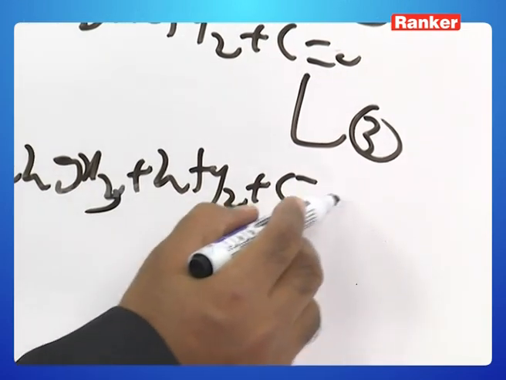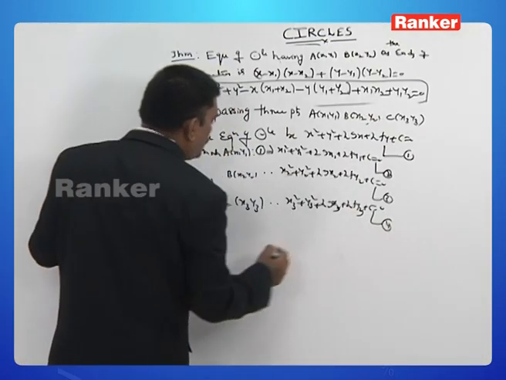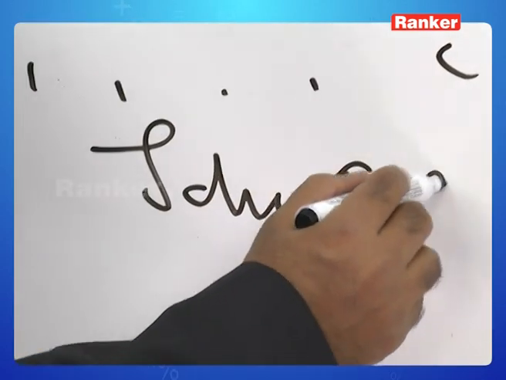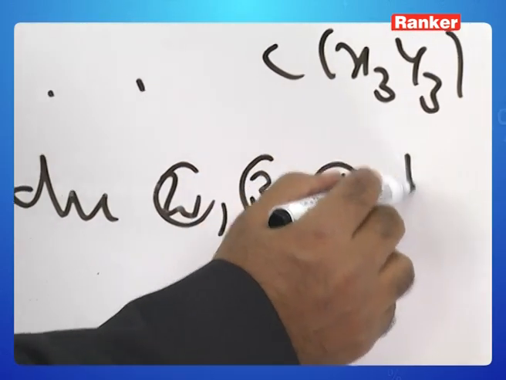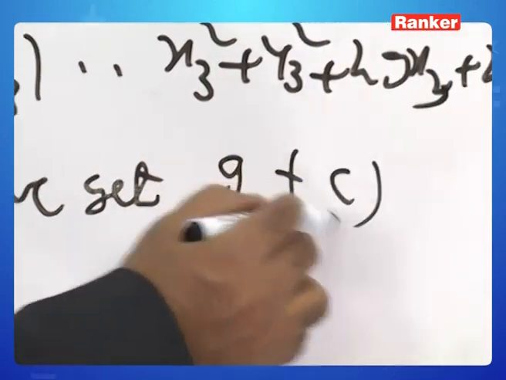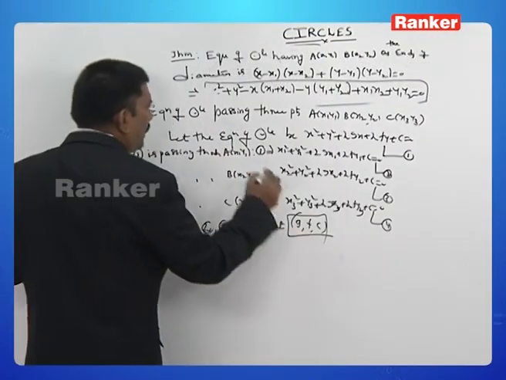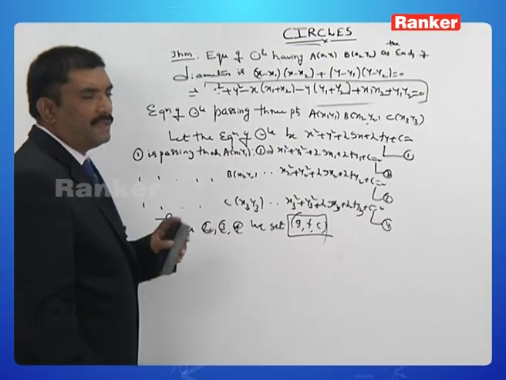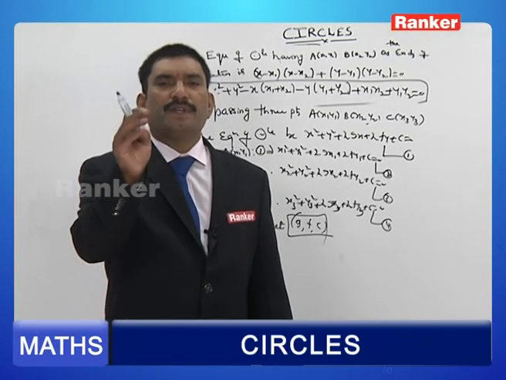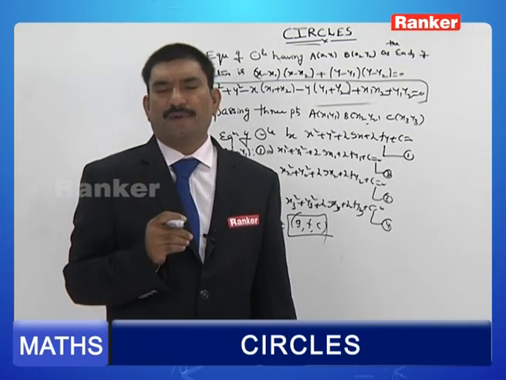You call it 4. Solve 2, 3, 4, we get 3 unknowns, g, f, c. After finding them, you substitute in equation 1. That gives the desired equation of a circle passing through 3 non-collinear points.